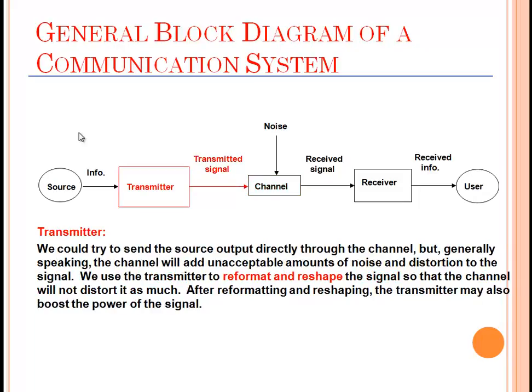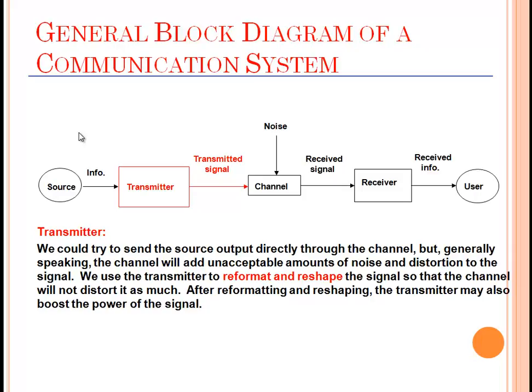So now what's the role of the transmitter? We could try to send the source output directly from the source to the user through the channel, but generally speaking the channel will add unacceptable amounts of noise and distortion to the signal.